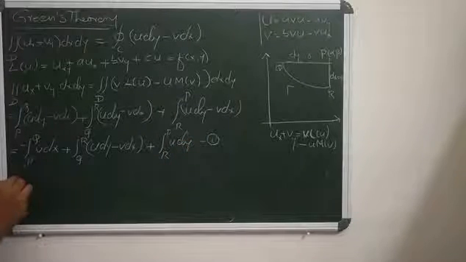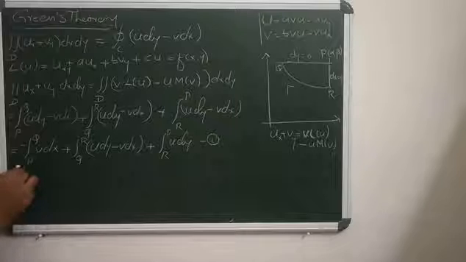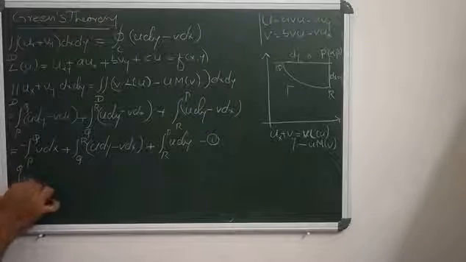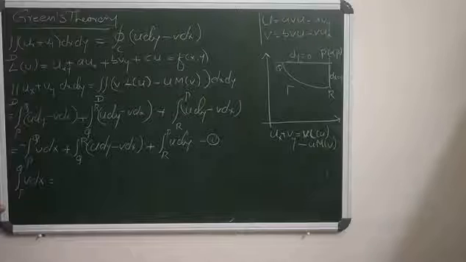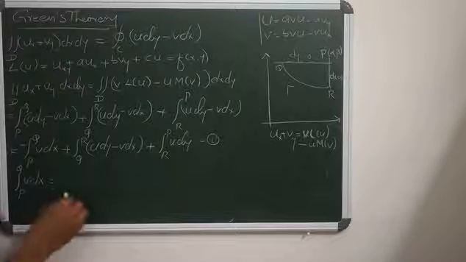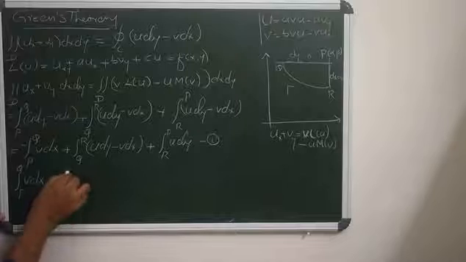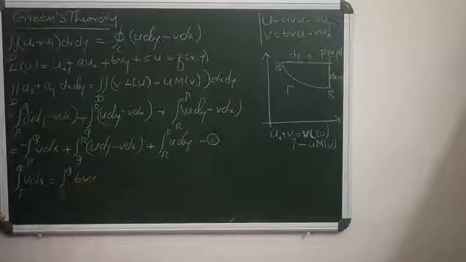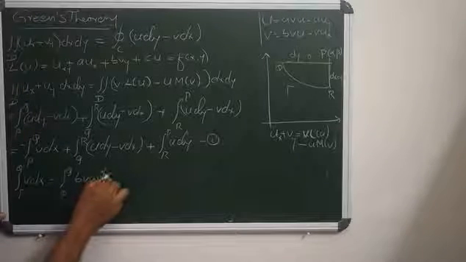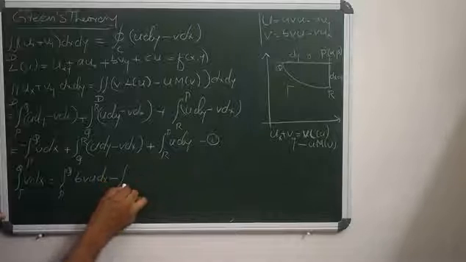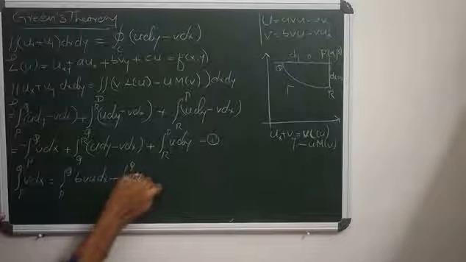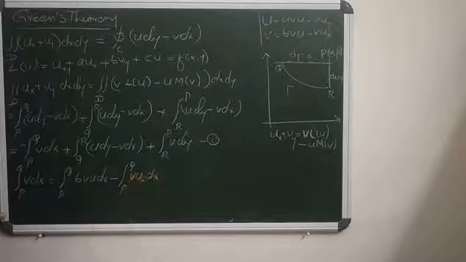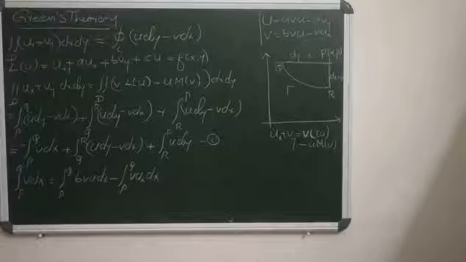Now we consider the integral along PQ of v dx. What is the integral along PQ of v dx? What is v? v is v v u minus v u x. So it is the integral along PQ of v v u dx minus the integral from P to Q of v u x dx.